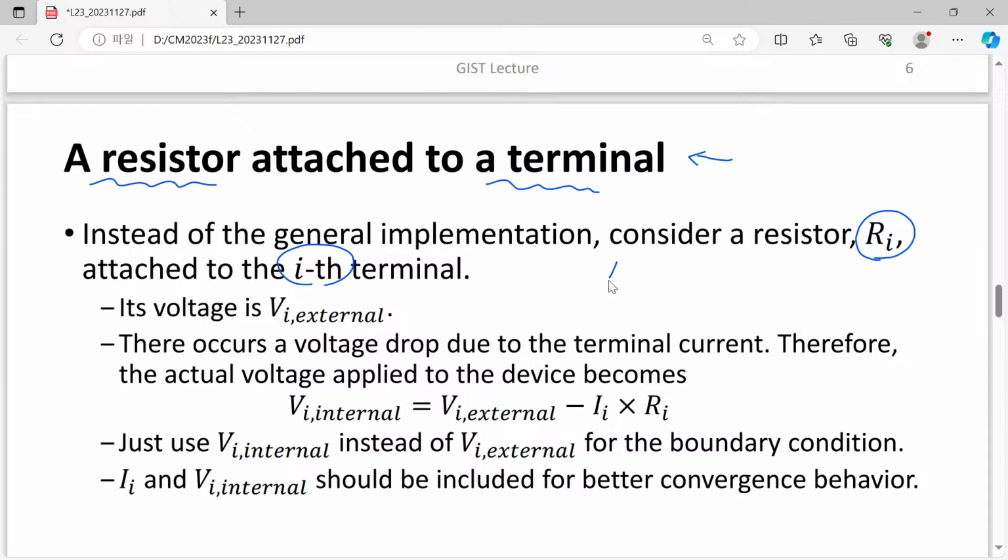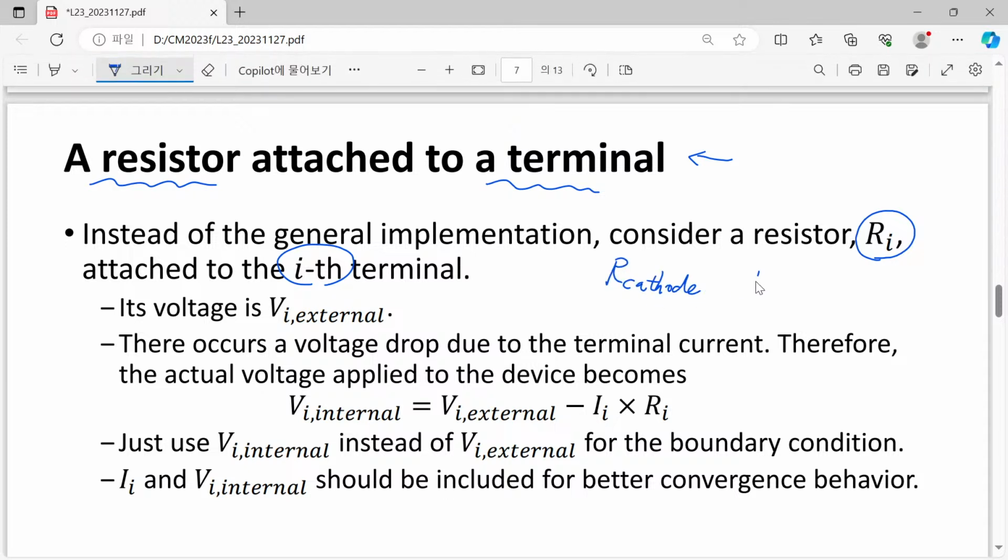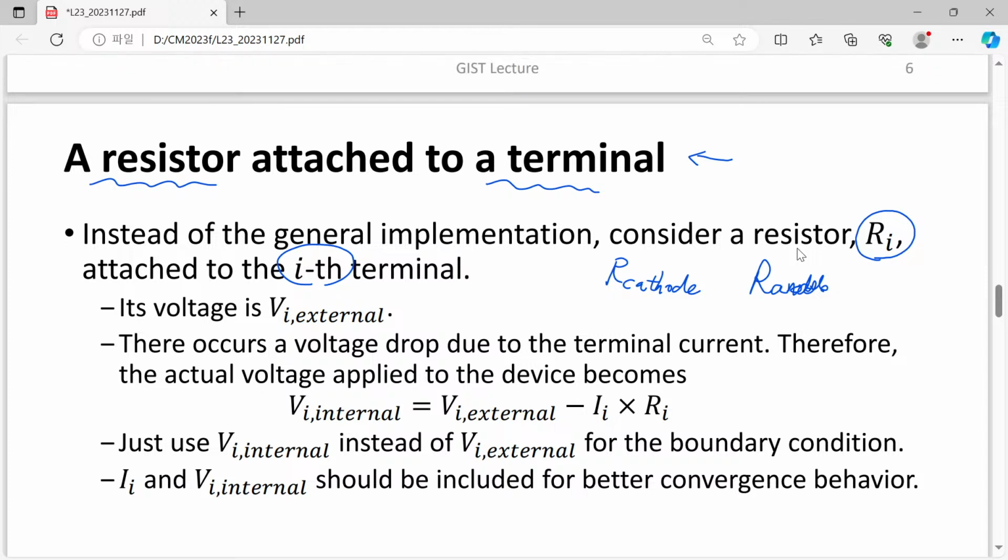For example, we can think about R cathode or R anode for our cathode and anode respectively. Then, if we apply 10 volts, the external voltage is 10 volts.